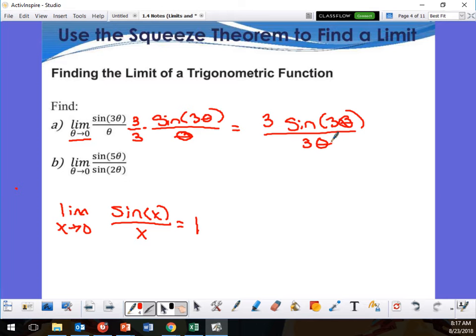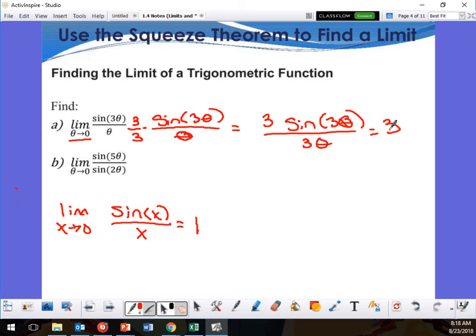So now I have 3 theta and 3 theta here, right? So now this whole piece right here turns into 1. If this whole thing is going to be 1, I still have this 3 out here, so that's going to give me 3, because it's 3 times 1. Does that make sense? Or no sense at all?